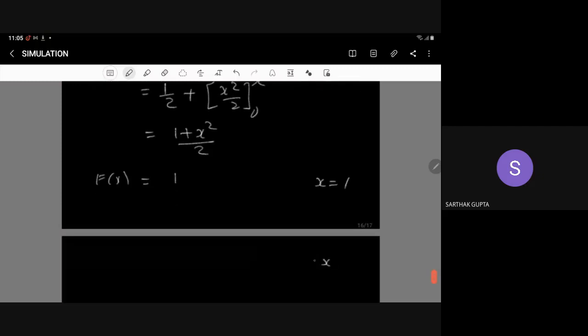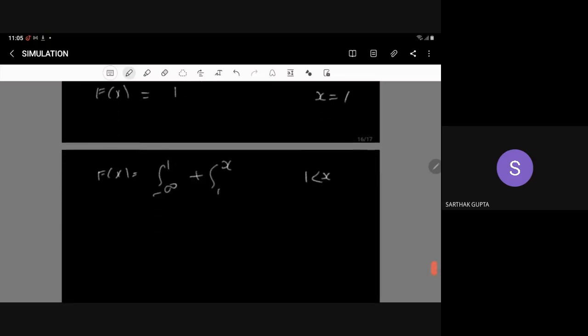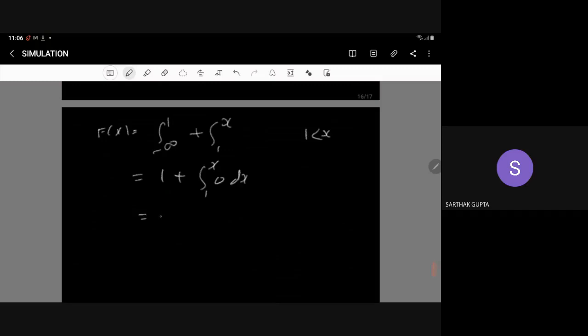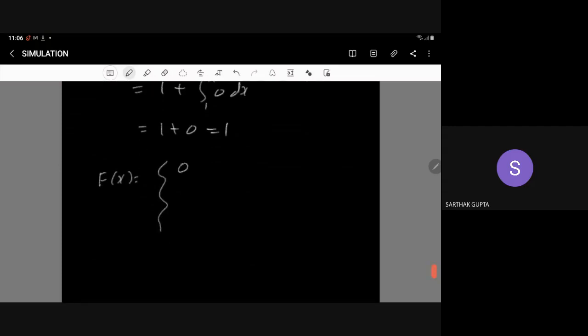When x is greater than 1, Fx will be integral from minus infinity to 1 plus integral from 1 to x of 0 dx, because elsewhere the PDF is 0. So this will give you 1 plus 0, that is equal to 1. So if you write the Fx in a clear form, always there must be 0 and 1. Here the range is less than minus 1, here the range is greater than 1, then after greater than or equal to 1.